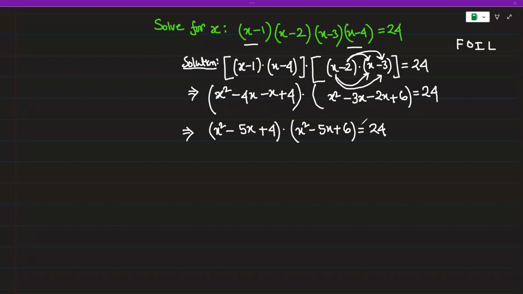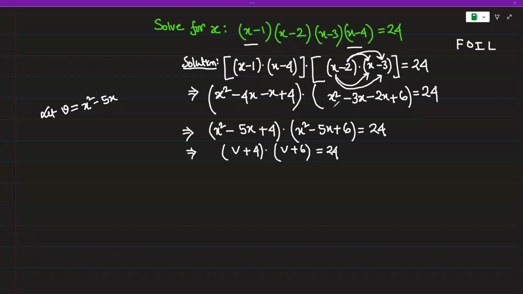Now you can see that x squared minus 5x appears in both parts. So let's introduce a new variable, v. Let v equal x squared minus 5x. So this equation we can write as (v + 4)(v + 6) = 24.